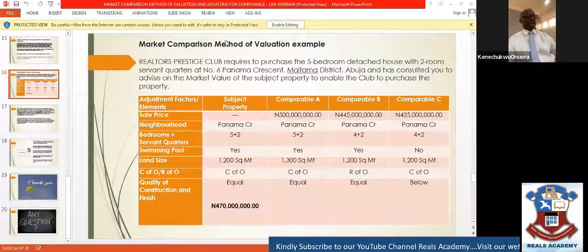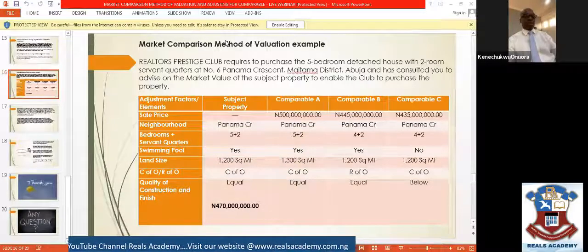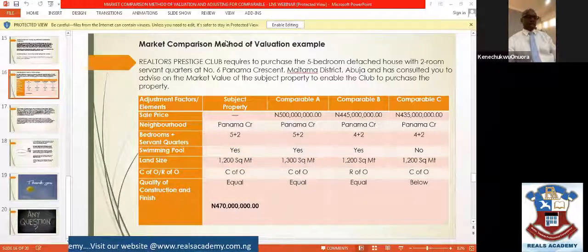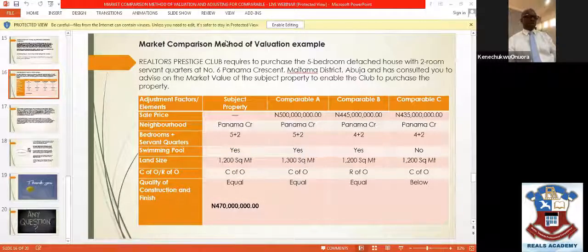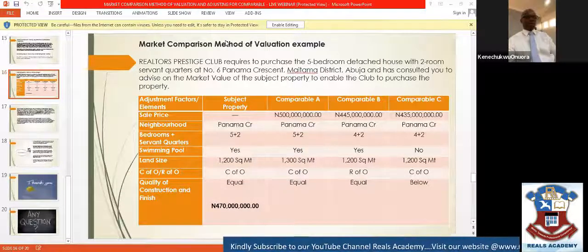Remember, like I said earlier, there's no mathematical formula for this. It just requires your competence, your skills, your knowledge, and your experience for you to be able to do all this adjustment. And it's not like we're saying it must be an exact figure that you're going to be deducting.